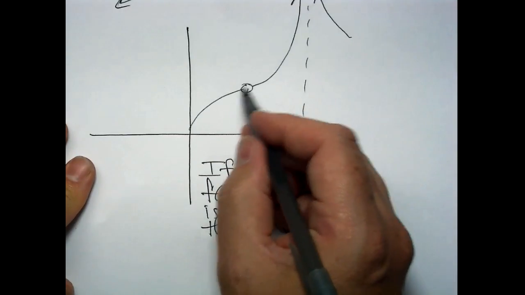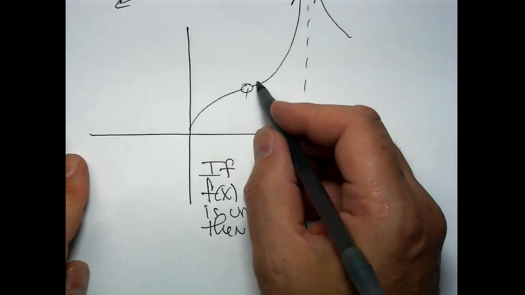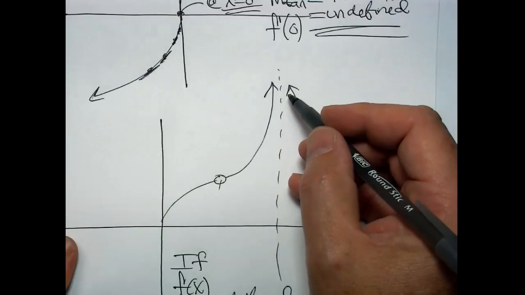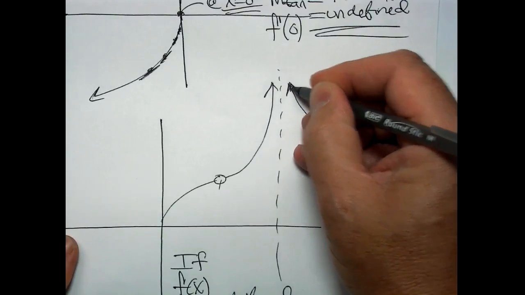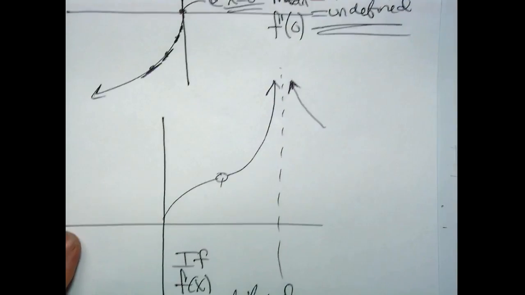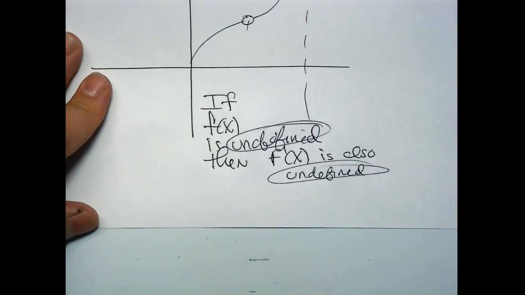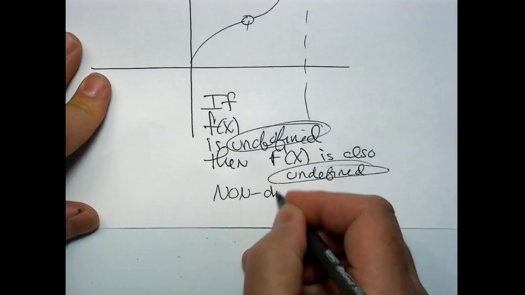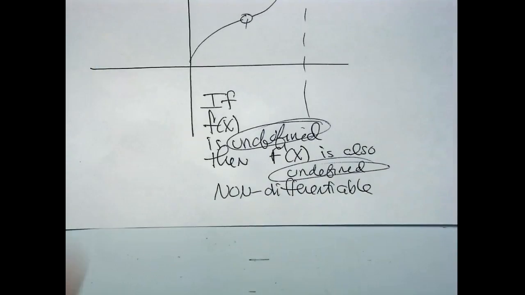While you might imagine balancing up a tangent line, there is no point really to balance it on, and therefore your derivative will come out to be undefined. Here, also your function's undefined, and your slope is becoming incredibly steep, so you can imagine f prime would be infinity or, again, undefined. So if f of x is undefined, then your derivative will become undefined, and we would say that's non-differentiable at these locations.